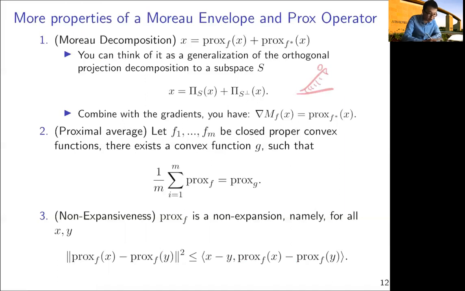When the little ball is rolling downhill, and we were asked to analyze the force, by decomposing the force of gravity along this direction and that direction, right? You can always do this kind of projection of the gravity vector into the directions that are perpendicular and parallel to a given subspace. And the Moreau decomposition here is a generalization of this decomposition that applies to an arbitrary convex function f.